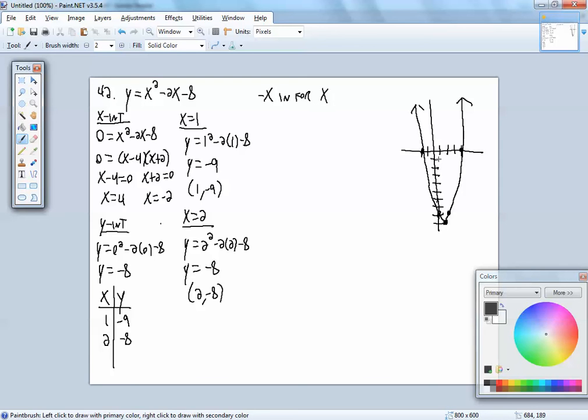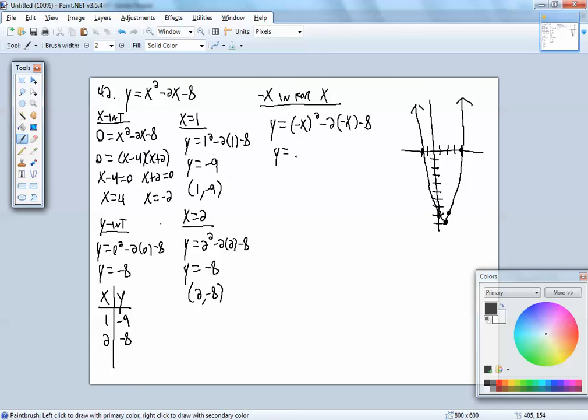Now I can see from looking at it it's not symmetric to that, but let's just show it. So I'm going to go to my original problem, and I'll replace all my x's with parentheses. And if I plug negative x where the x was, then the question is if I can rewrite it such that it looks like the original problem.